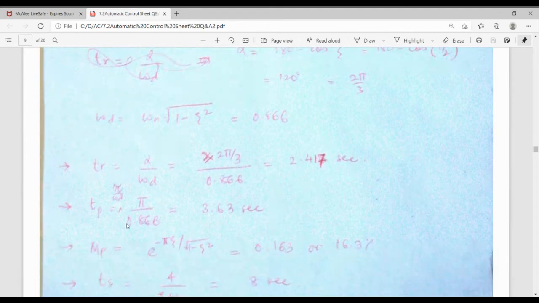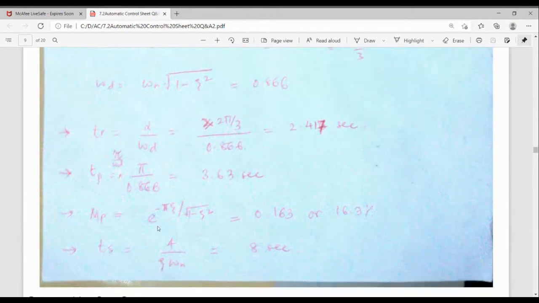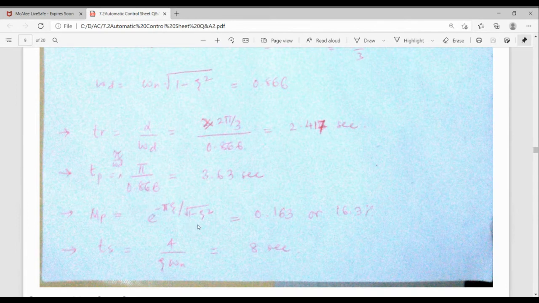In the same way, peak time. The formula for peak time is pi by omega d. Upon substituting here, you will get 3.363 seconds. Now maximum peak overshoot. The formula for maximum peak overshoot for underdamped is e power minus pi zeta divided by under root 1 minus zeta square.